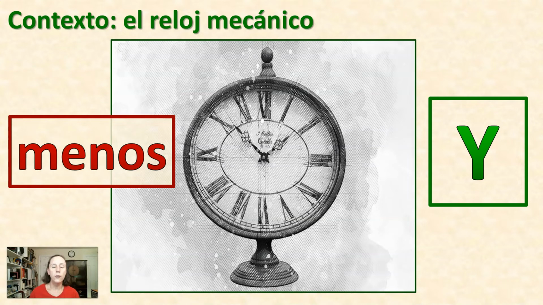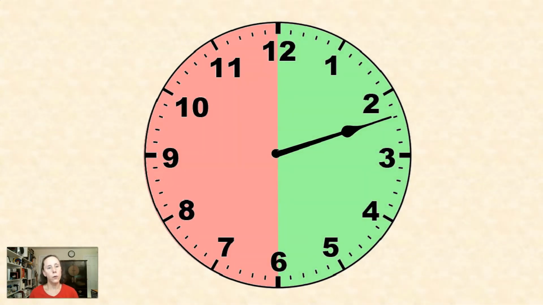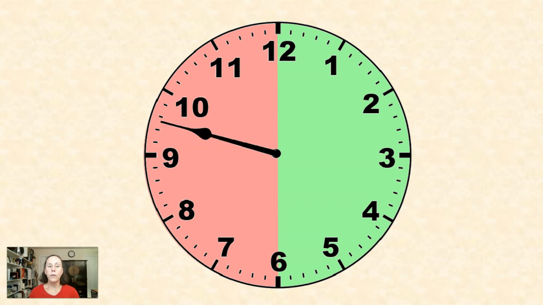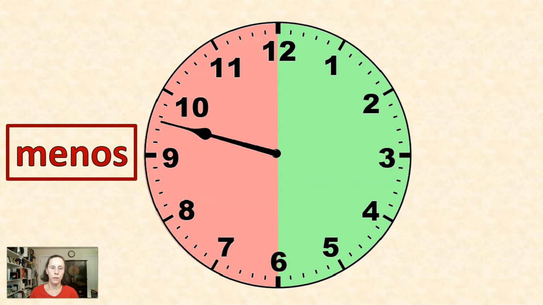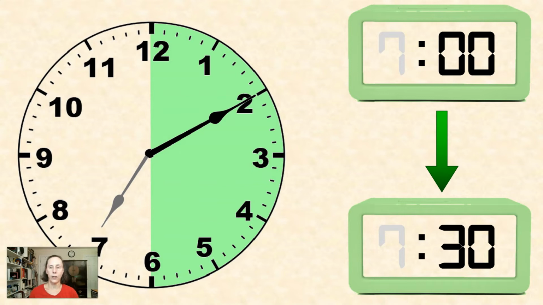All right. Here's exactly how that's going to work. When the minute hand is on the right-hand side of the clock, we're going to be saying y. But when the minute hand is on the left-hand side of the clock, we're going to be saying menos. All right? So let's focus on the right-hand side for now.